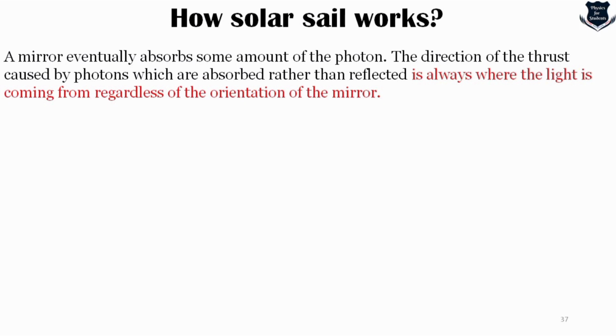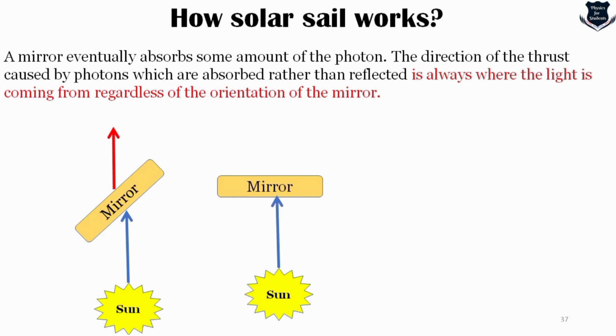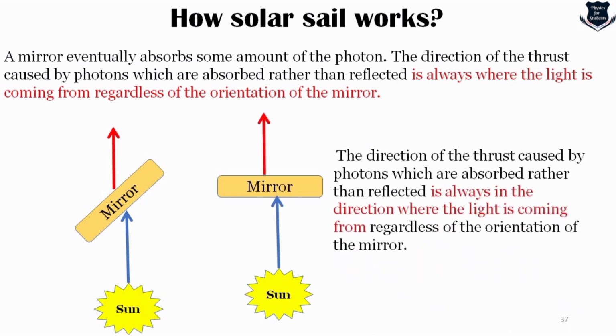Now remember that in reality no mirror is 100% efficient at reflecting all the sunlight that hits it; some light is obviously absorbed. The direction of the thrust caused by the photons which are absorbed rather than reflected is always the direction where the light is coming from, regardless of the orientation of the mirror. That means it will always be like this.